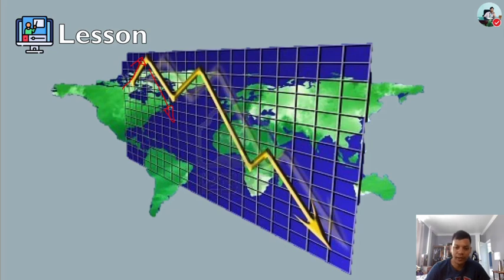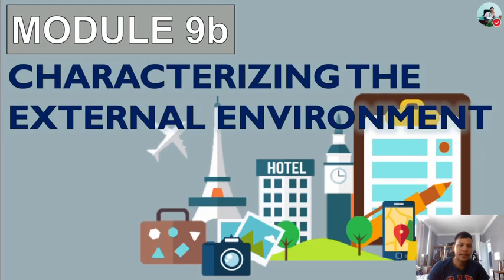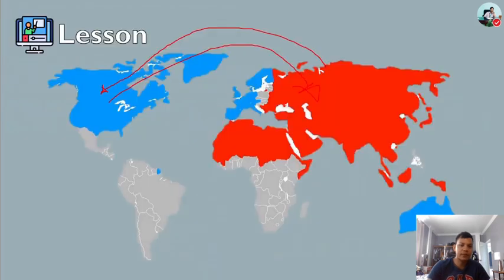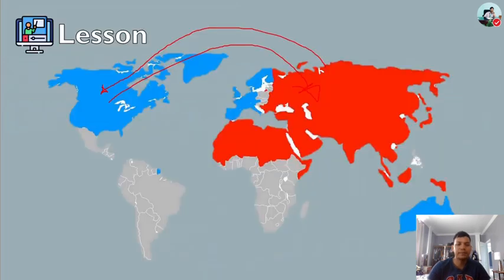So we only have a short discussion for module 9B, characterizing the international environment, and we are focusing more on the international perspective. Again, for summary, there's a big role of globalization, international trade, or making our business international.